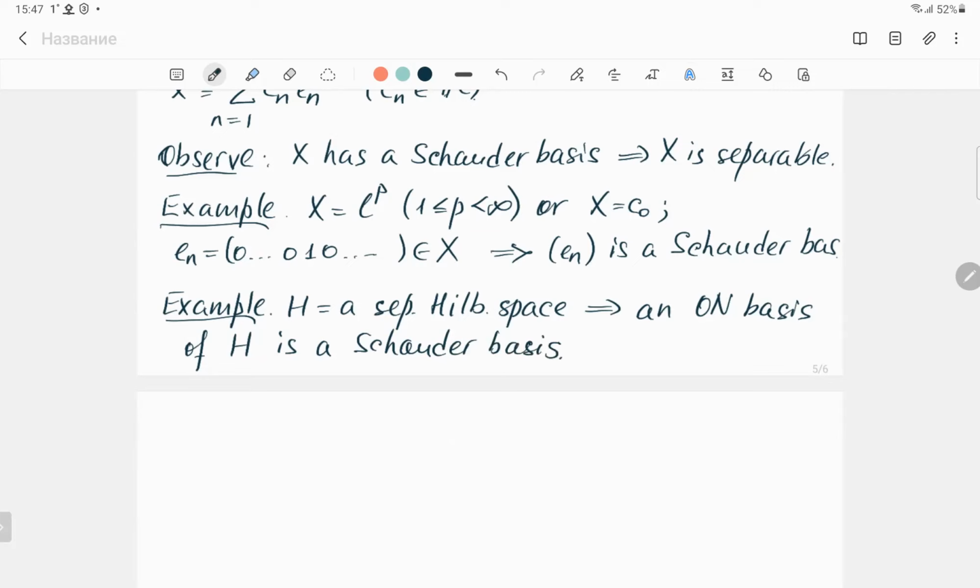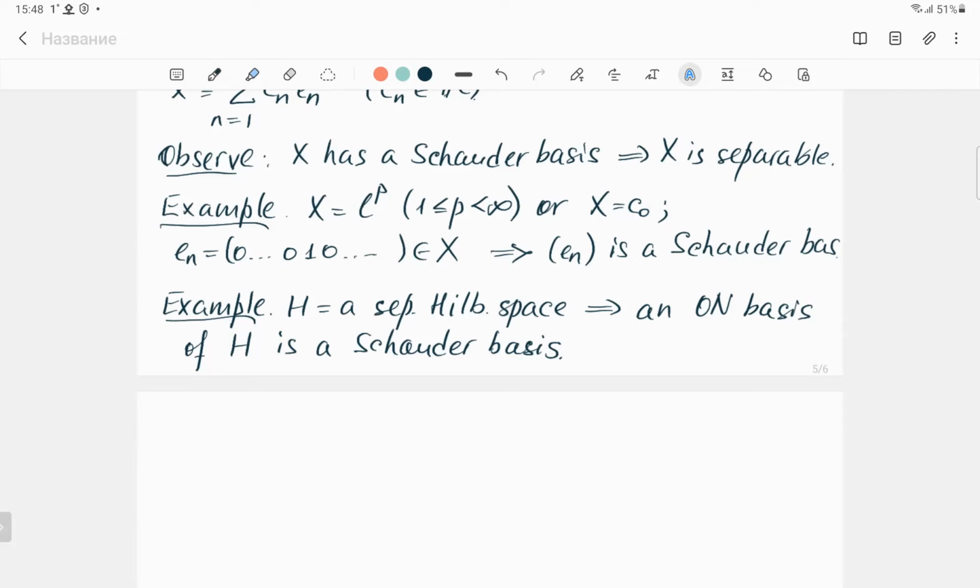And actually, this is a special case of the previous example, because we know that an infinite dimensional separable Hilbert space is unitarily isomorphic to the little l^2 space in such a way that an arbitrary fixed orthonormal basis of H goes to this concrete basis of little l^2. The big L^p spaces usually also have Schauder bases.